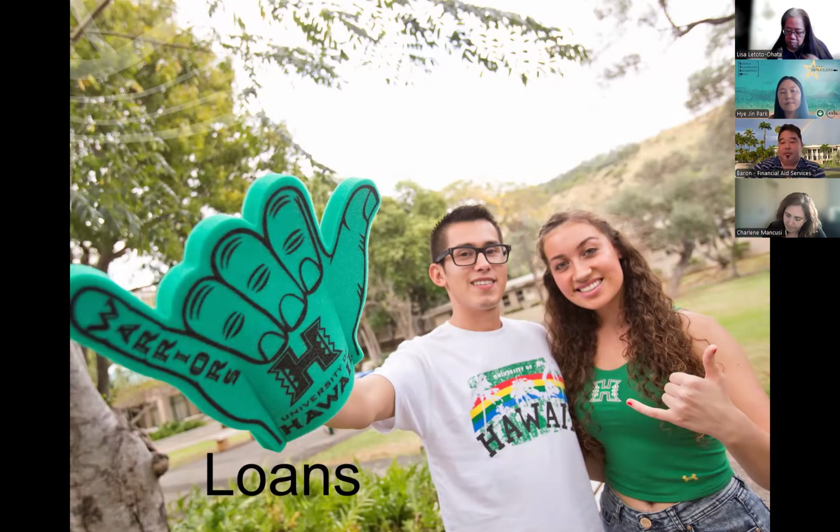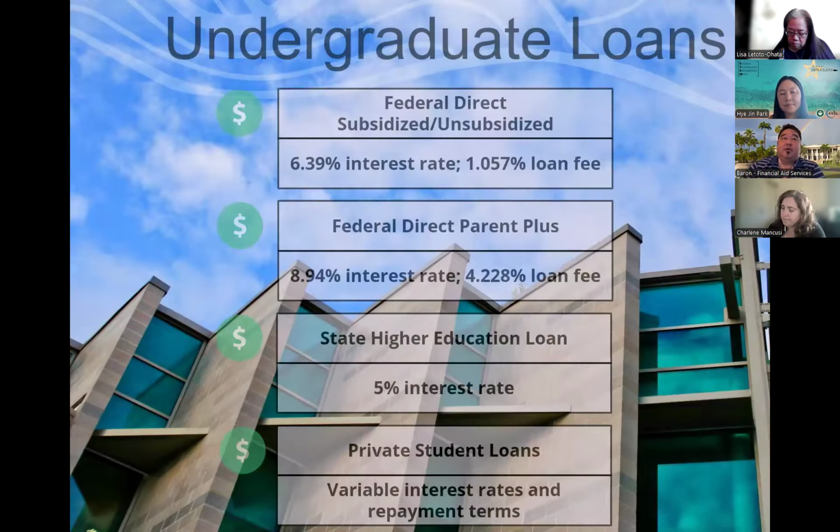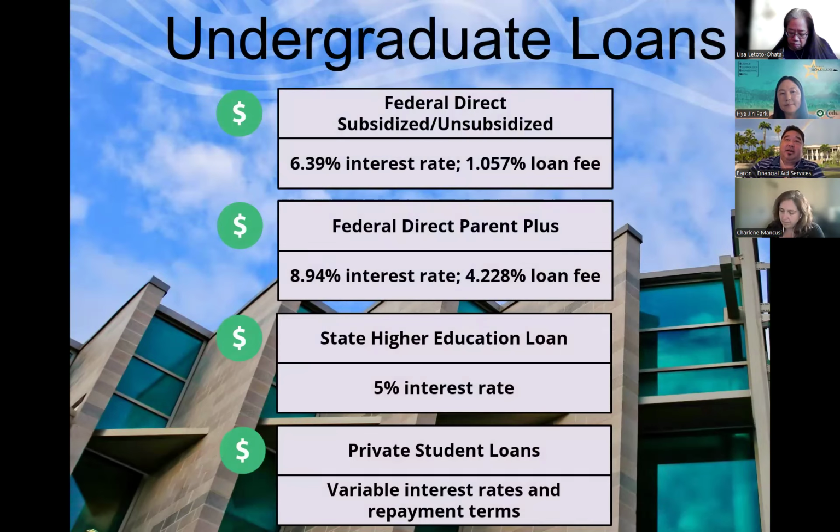Also part of financial aid are loans. There are subsidized and unsubsidized loans for the student. Subsidized is the one where the government pays the interest while the student is enrolled half-time or greater. With the unsubsidized, you have the option to pay the interest, otherwise the interest accrues with the loan. Then there's the Parent Plus loan.